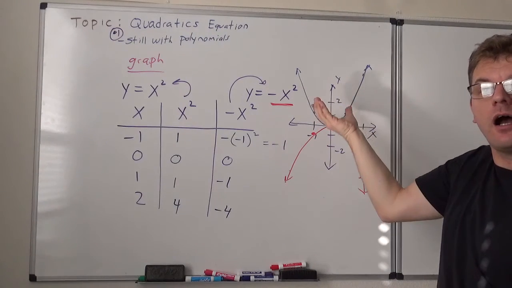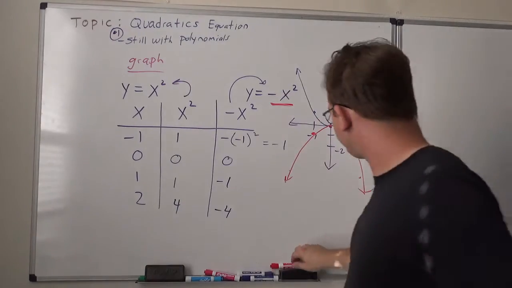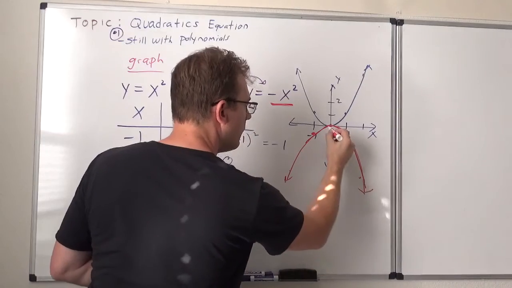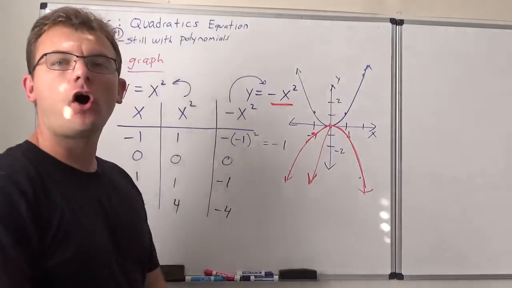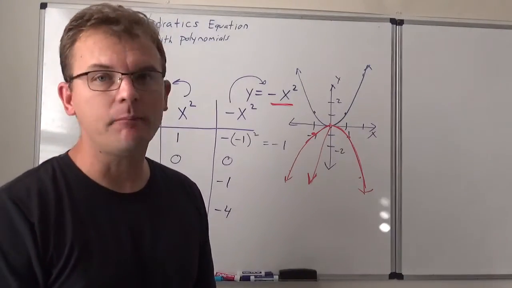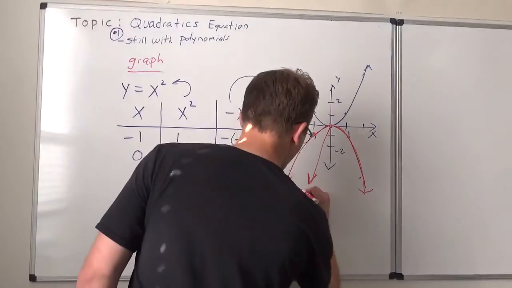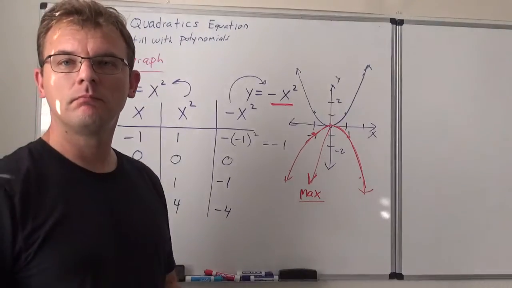Positive in front, up. And this will matter because of one last thing. This red one, that point right there is not the minimum, it's not the lowest point anymore. It's the maximum point. It's the max, or maximum.